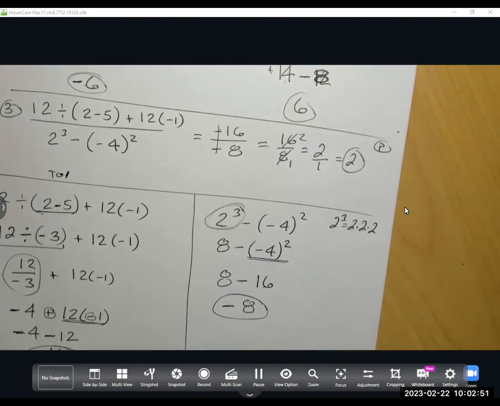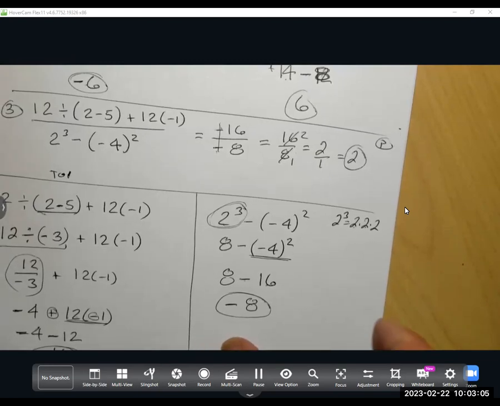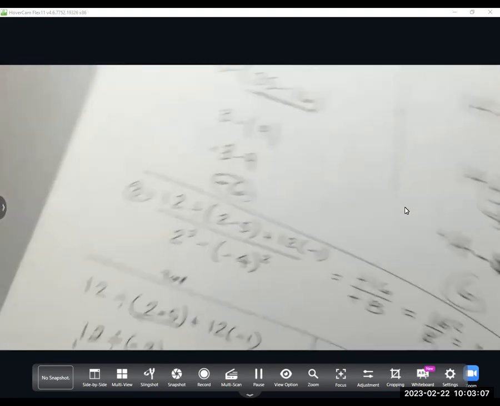Page back. Good. Okay. Okay, so let's pick up where we left off last time.